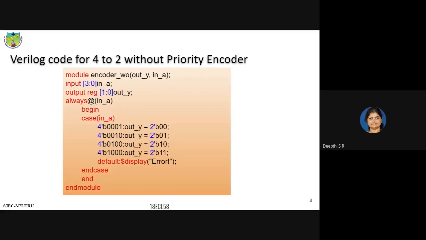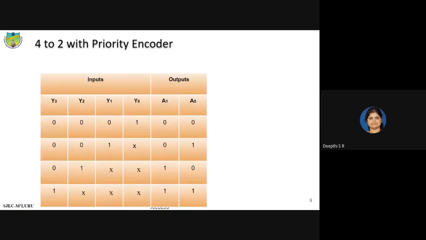Okay, so we'll move on to the next one, that is the 4:2 encoder with priority. So here we will give the priority to the MSB. So your Y3 has the highest priority, then comes Y2, Y1 and Y0. So what happens here, when Y0 is 1 and the remaining are all 0, then the output is 00.